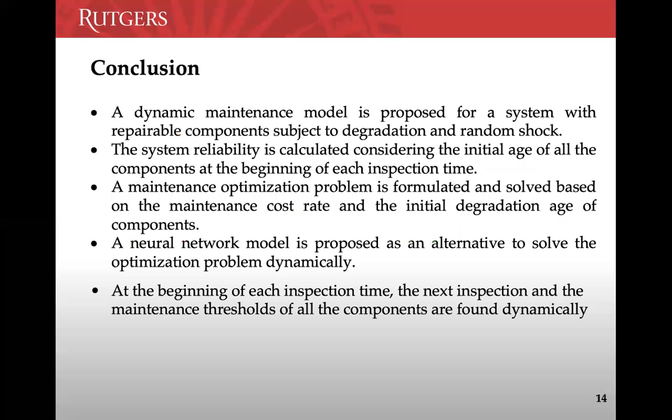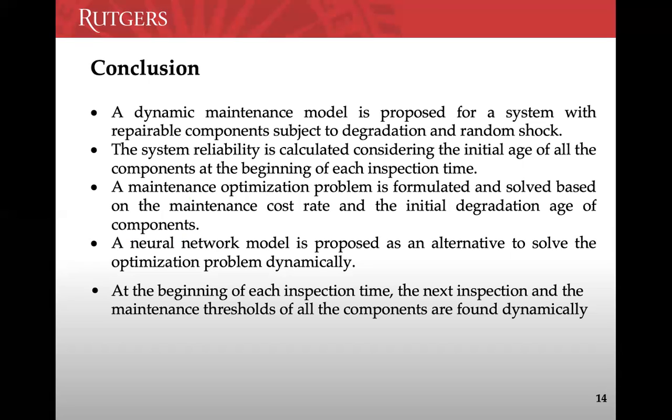So as a conclusion, in this paper, I propose a dynamic maintenance model for a system with multiple repairable components, where each of them is subject to degradation and random shock. I developed a system reliability and formulated the maintenance cost rate considering the initial age of the components.